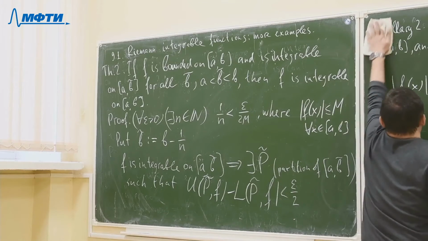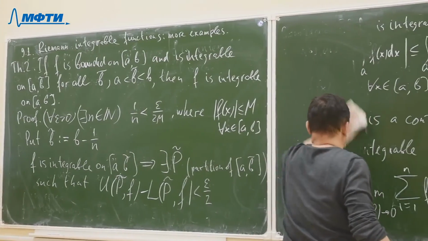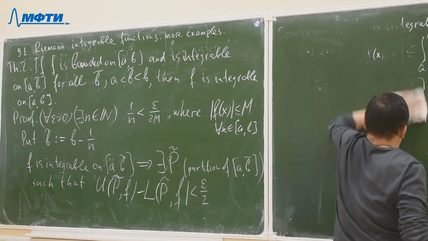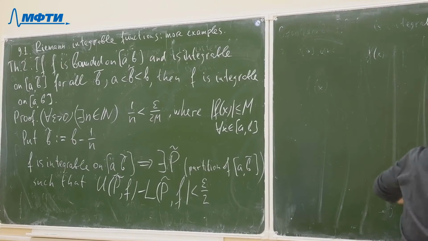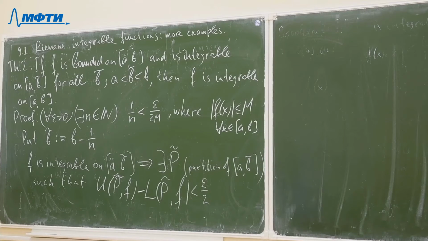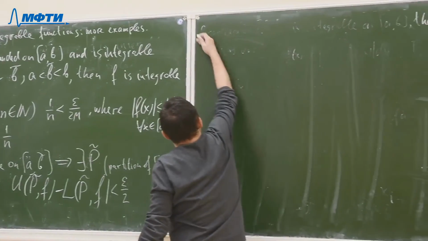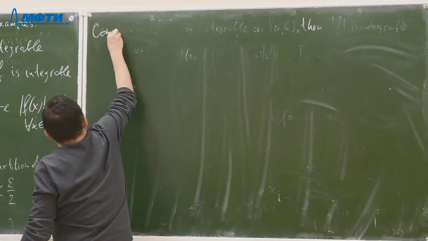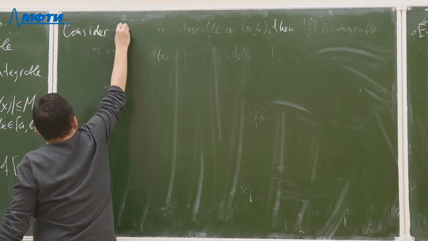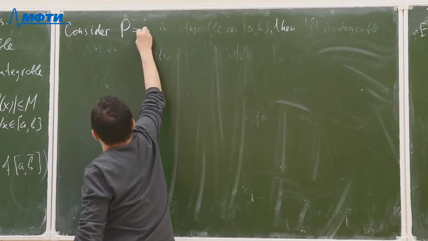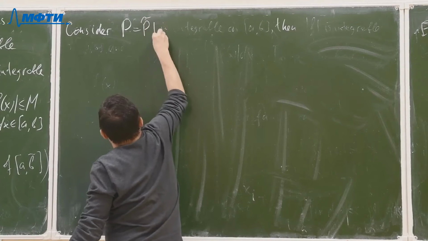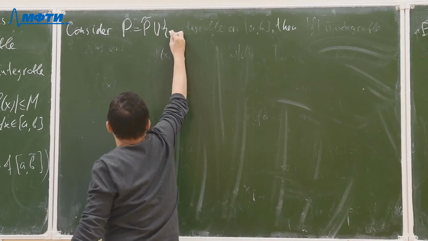Now consider the partition P, which is P tilde together with the last point b.